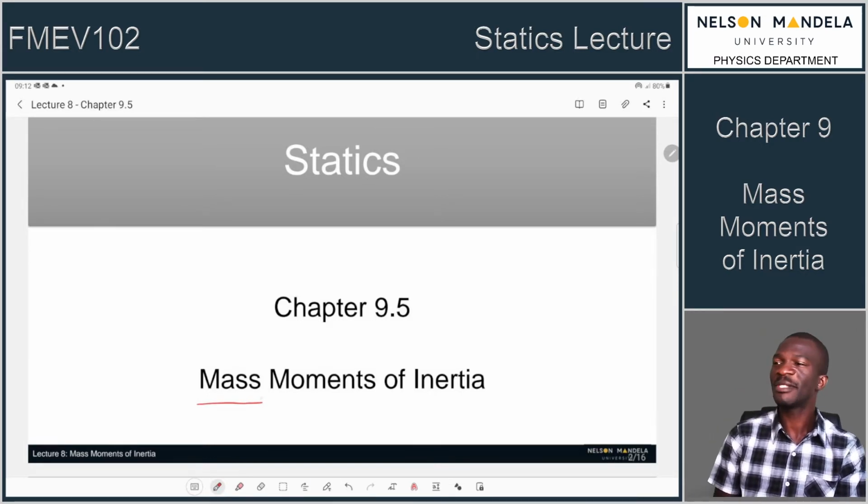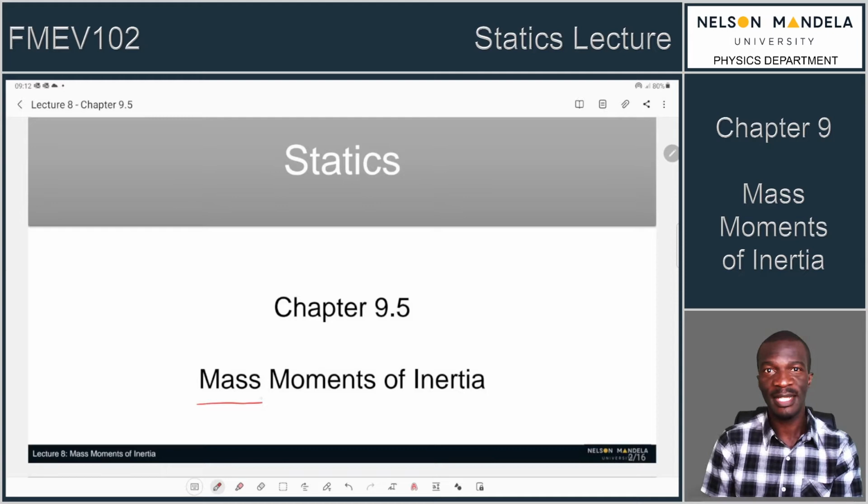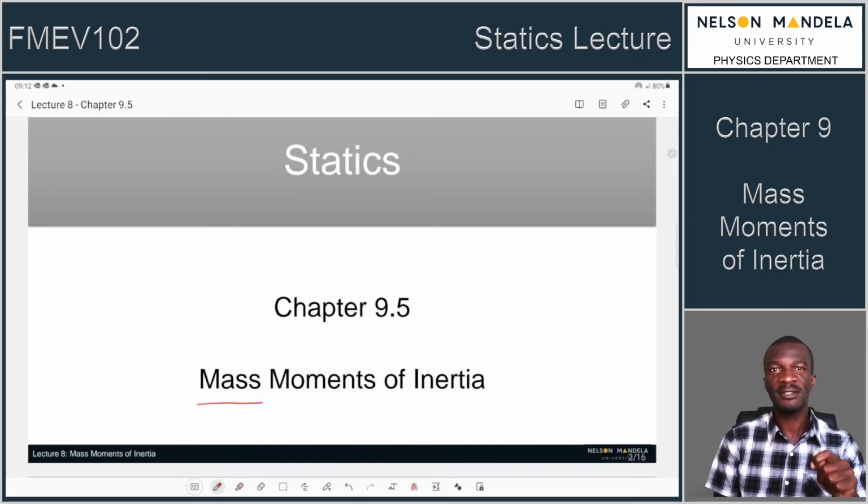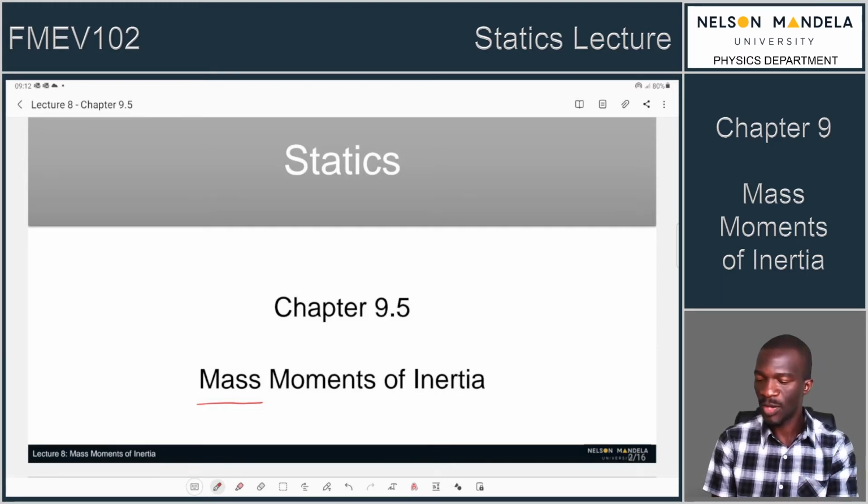Remember the term second moment. When we introduced the term second moment, we said the second moment is the correct term for moments of inertia of areas, because moments of inertia in general refer to mass moments. So now that we could use it interchangeably for the sake of using our symbol, now we will deal with the real mass moments of inertia.